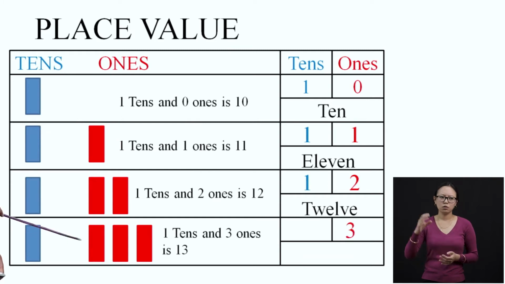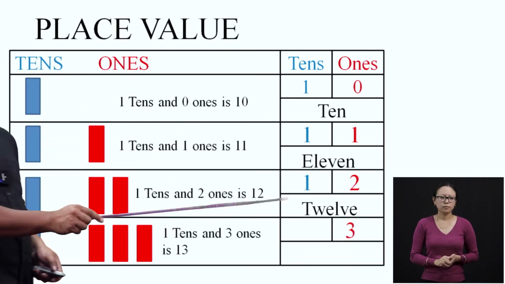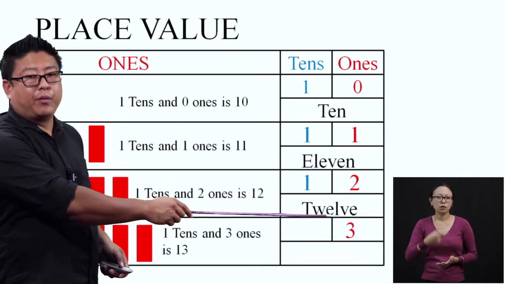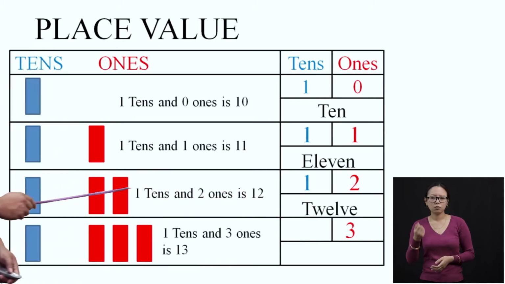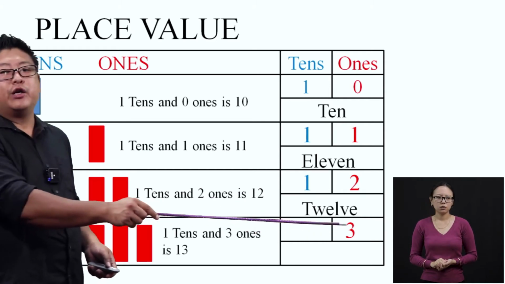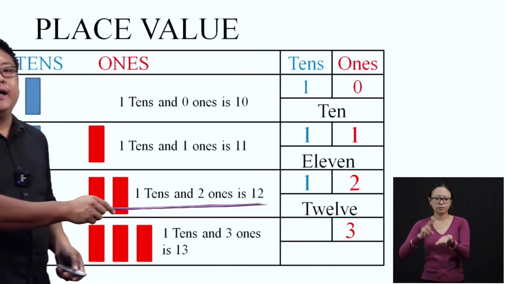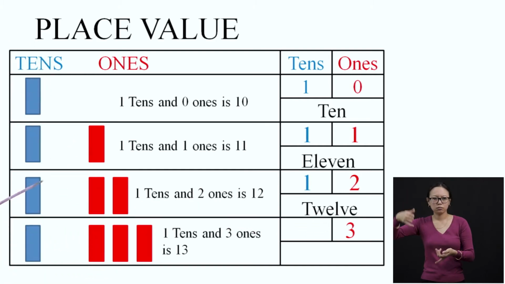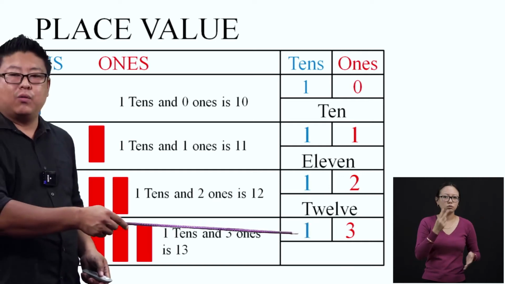So in the same way, we have 13 also. In the same way, we will write 3 over here. We will write 3 here because in ones place you find 1, 2, 3 red strips. Okay? That's why in ones place you will write 3. And in tens place, you see only one strip, so you will write it as 1.